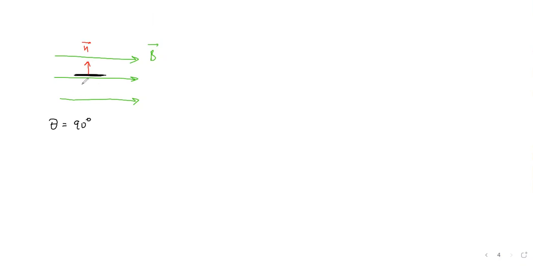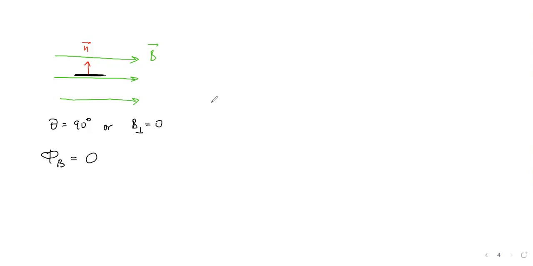How many lines of magnetic field go through the loop? What is the flux of the magnetic field in this case? 0. There is no component of the field which is perpendicular to the loop. So you can talk either about the angle or about the component of the field which is perpendicular, and in this case you don't have it, just 0.